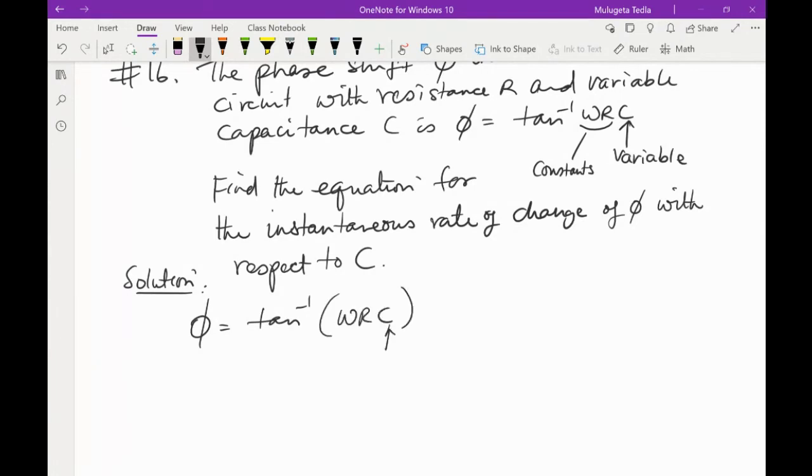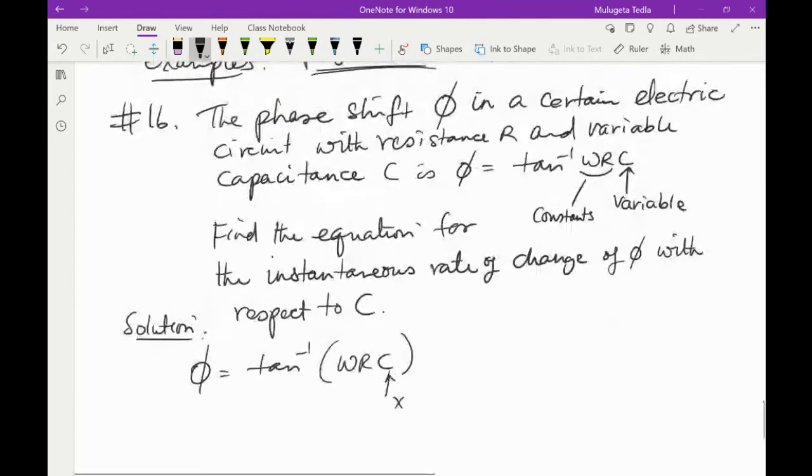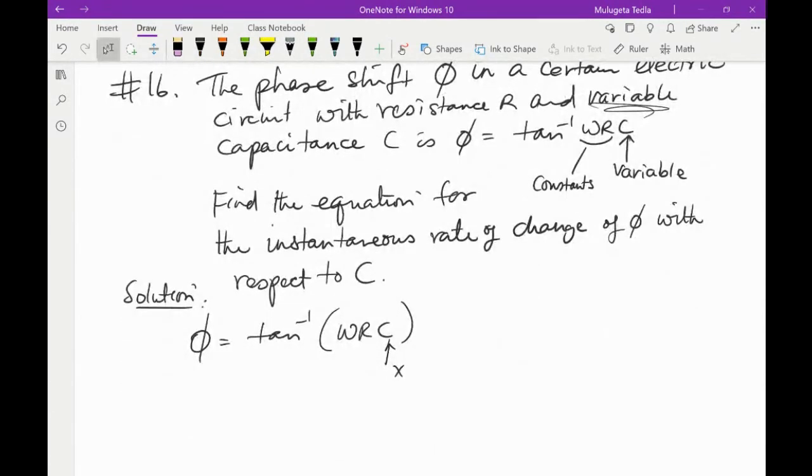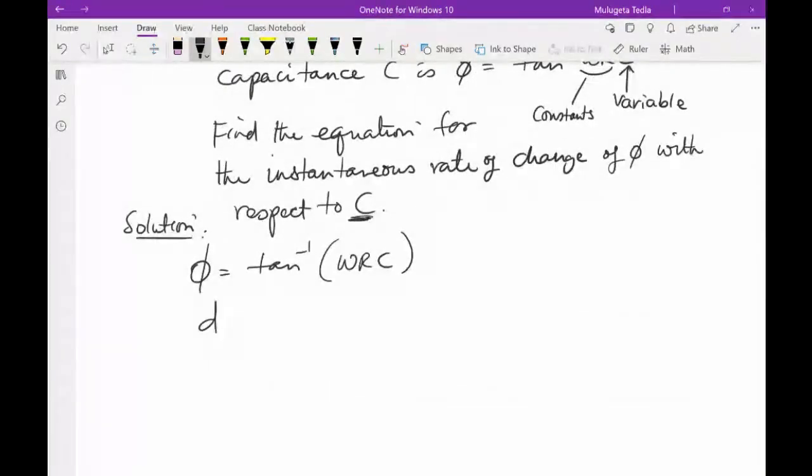Don't think this is like your x, because they say variable capacitance. That's why with respect to C, they are asking you. So instantaneous rate of change is the derivative.